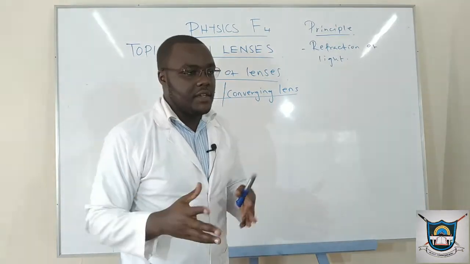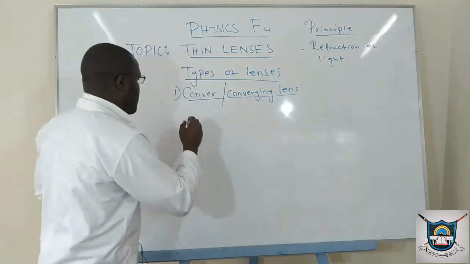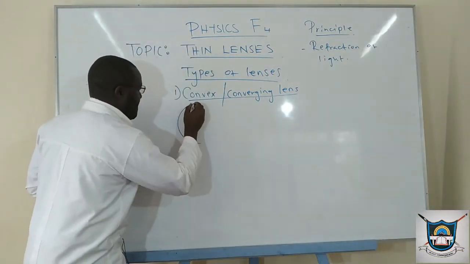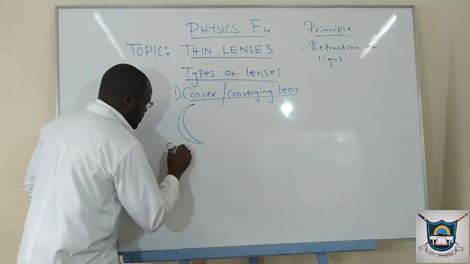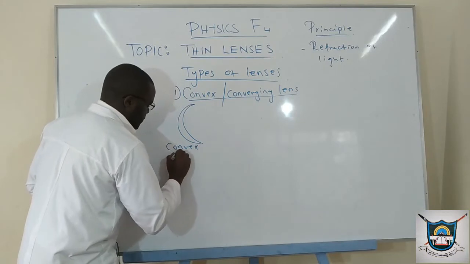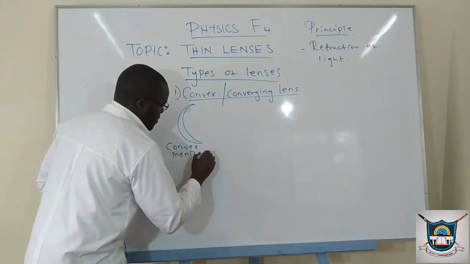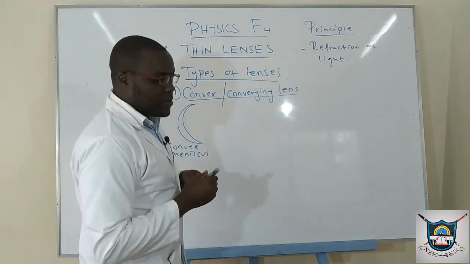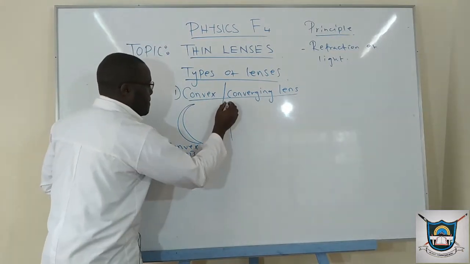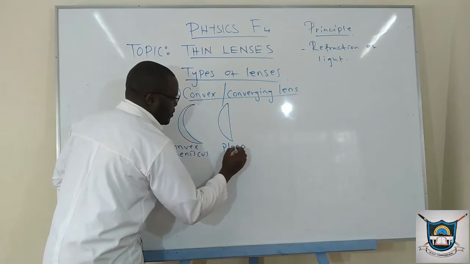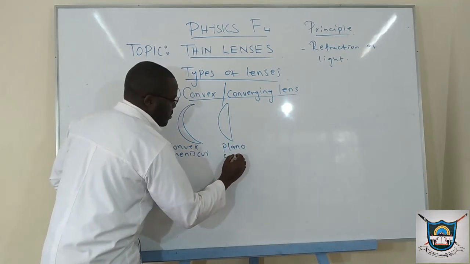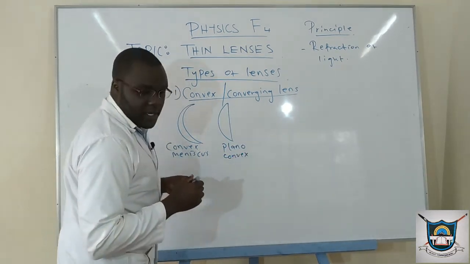They can appear in different shapes. And the first one is this one here. This one is called a convex meniscus. We also have another shape here, a plano convex.